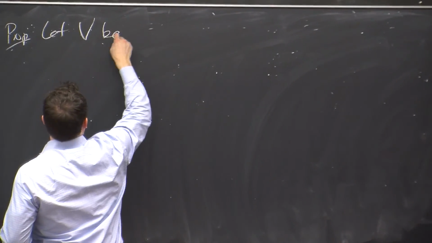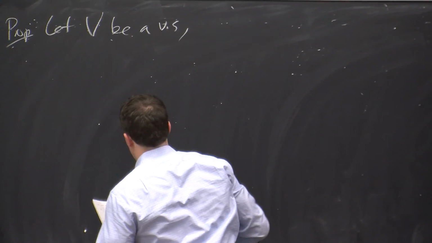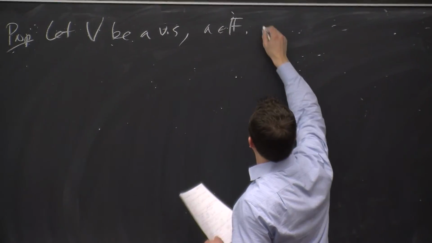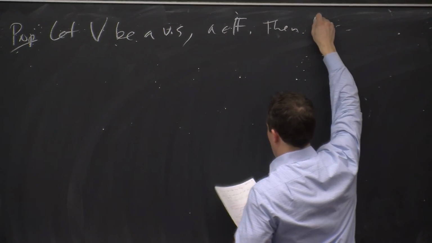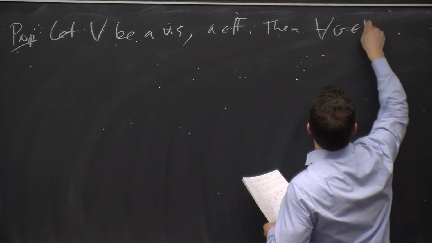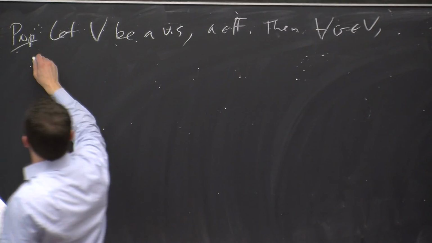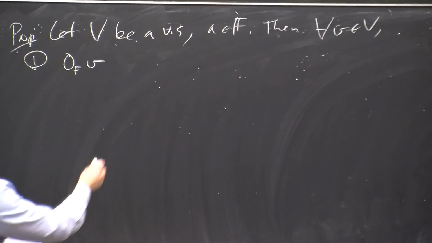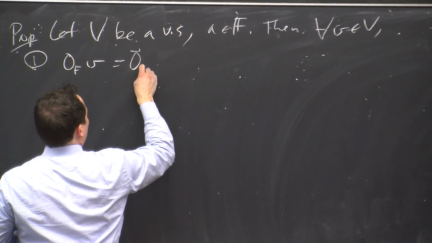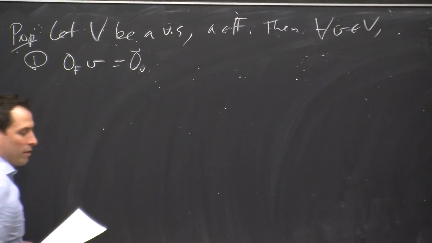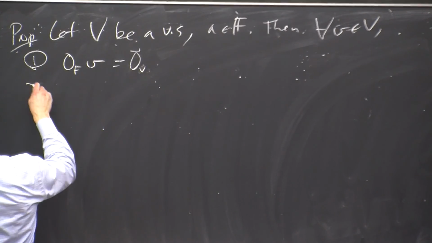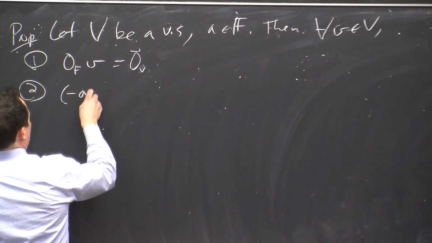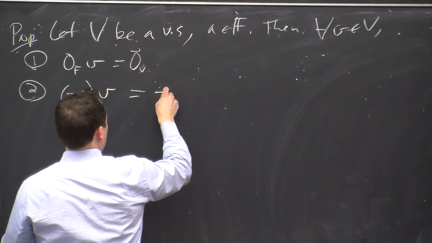Let V be a vector space and A be a field element. Then for all vectors V, we have things like, well, 0 in the field times the vector is equal to the 0 in the vector space. We sort of used that already, but let's justify it carefully. Second, here's one of those things that looks obvious. When you think about it, requires some justification.